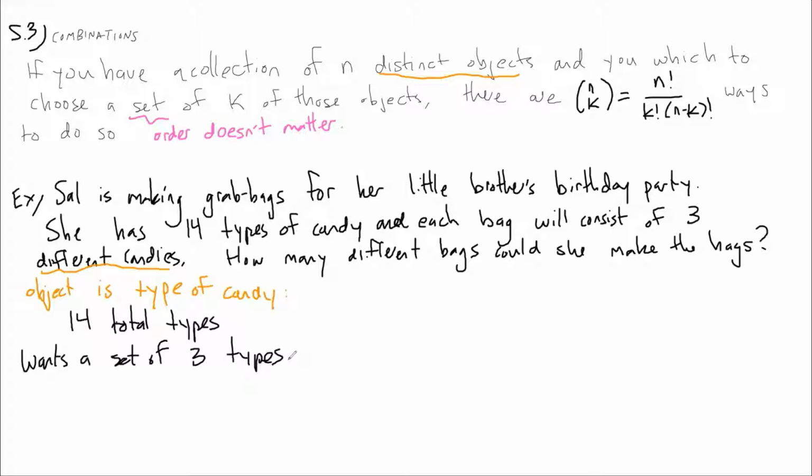And so this is precisely the phrasing of using that 14C3 formula. I'm going to write out the whole formula here: 14 factorial over 3 factorial times 11 factorial. If we work that out in the calculator, it should be 364.